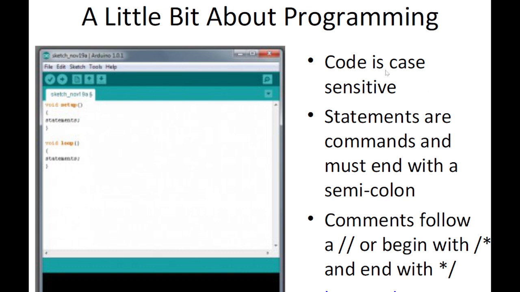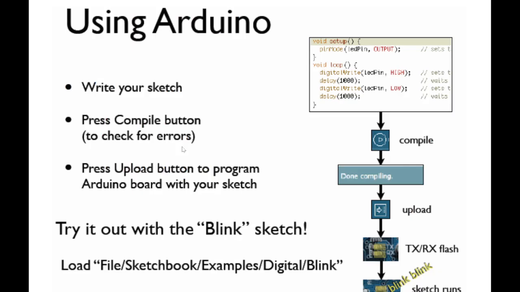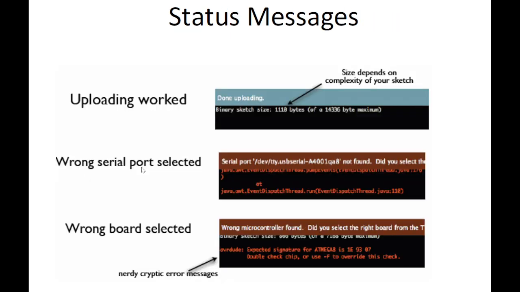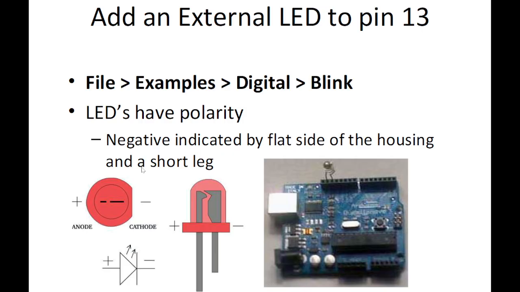So for example, in this example here, you write pinMode. The pin is lowercase, M is uppercase, ode is lowercase. You cannot just simply make it all uppercase or any combination of upper or lowercase. No, it has to be written like this. That's what it means by a case sensitive programming language.